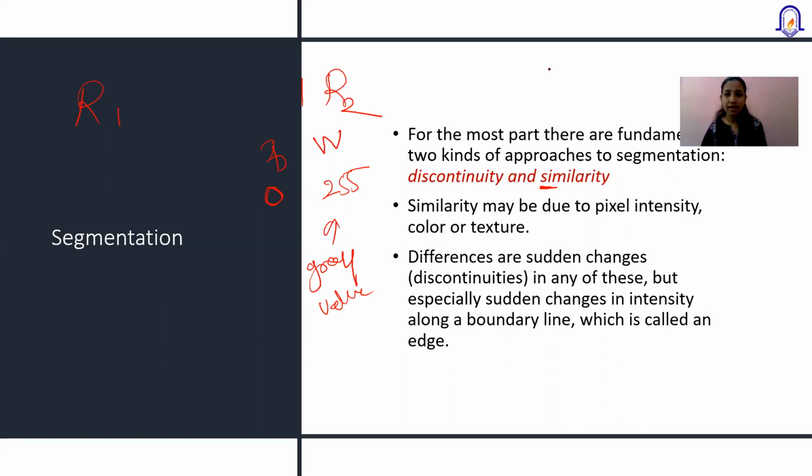For example, right now also, if I draw a circle or cell or molecule here, then here it is white color and here it is red color. So you will say there is an abrupt, drastic change in the intensity level, and hence you will call this an edge.